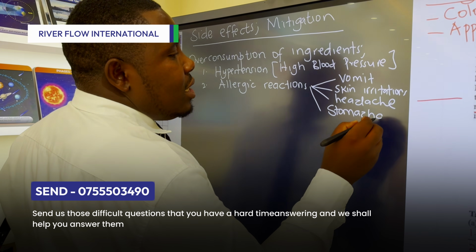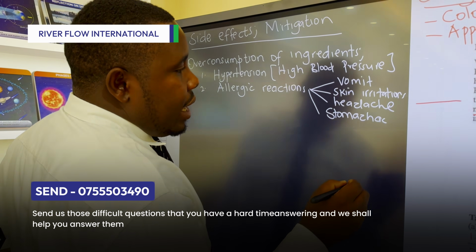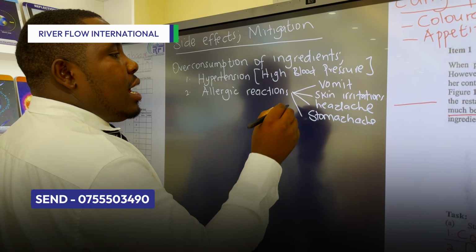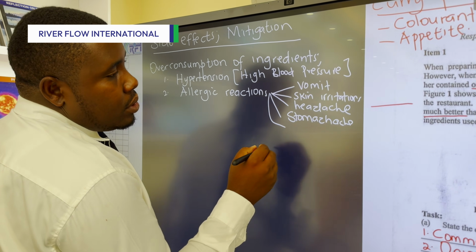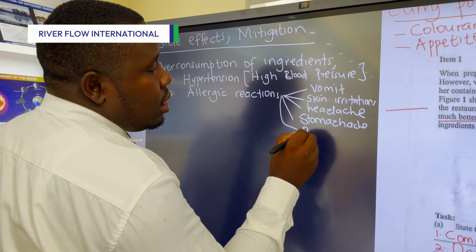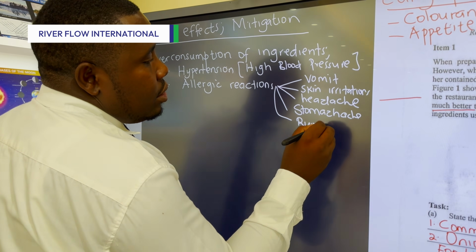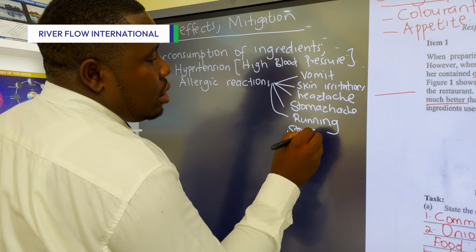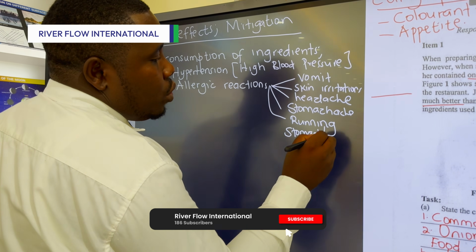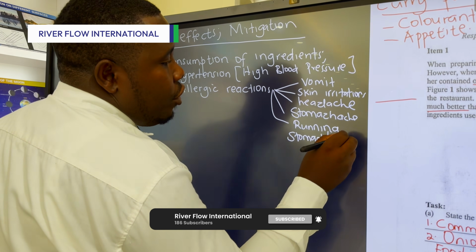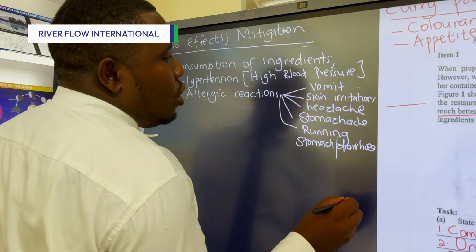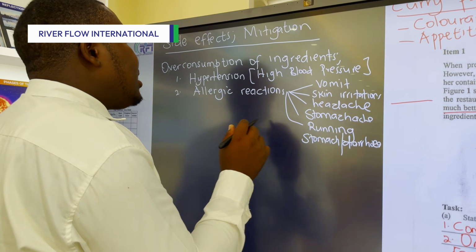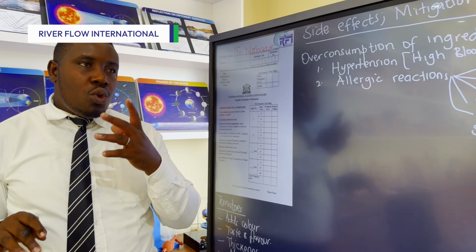Then others have running stomach, which we can call diarrhea. All these are the indicators that there is an allergic reaction when you eat that food.